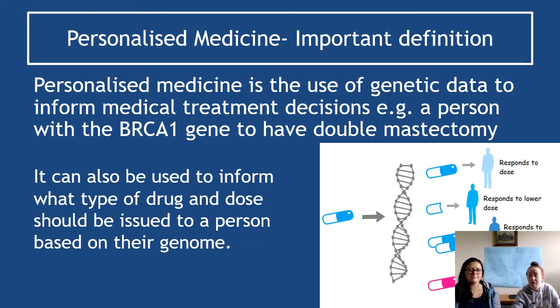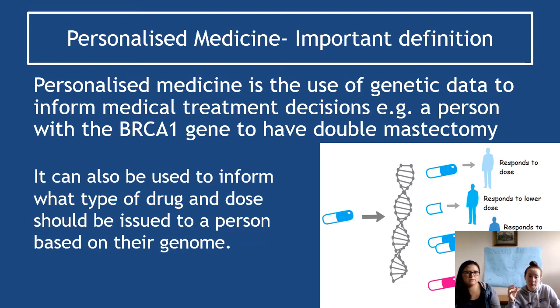If someone tests positive for that, they may decide to have a double mastectomy, and that massively reduces the chance of them having breast cancer as they get older. So it's taking their genetic information and using it to make informed medical decisions about their own life. It's personalised, it's about them, looking at their genetic information and making a decision that's best for them.